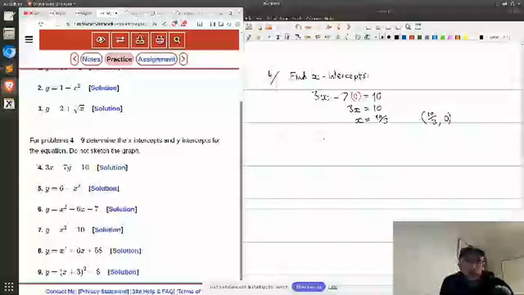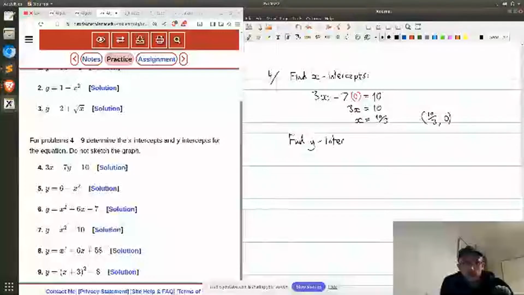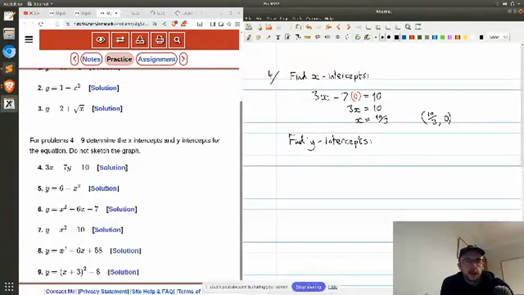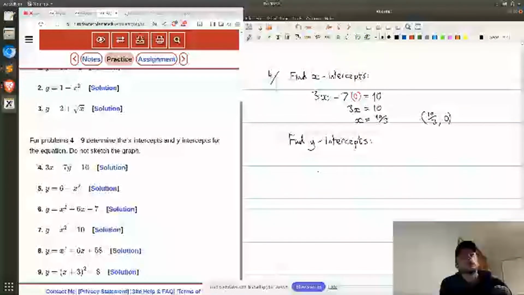Now, to find the y-intercept, it's a parallel process. And what you have to think is, okay, when it crosses the y-axis, logically, the x-coordinate of that point should be 0, right?